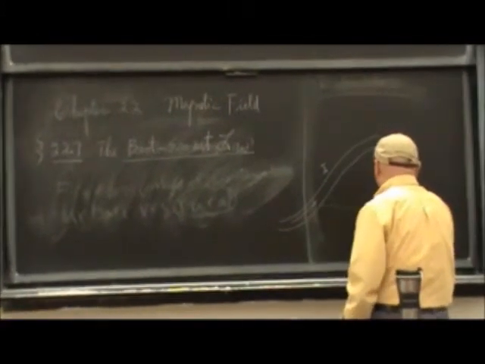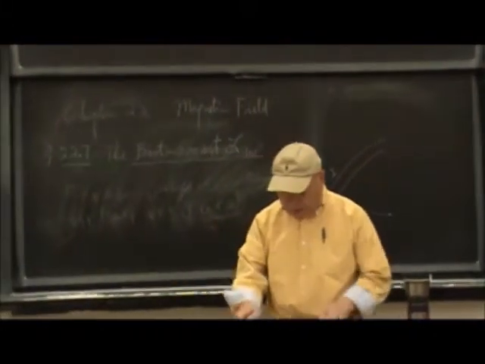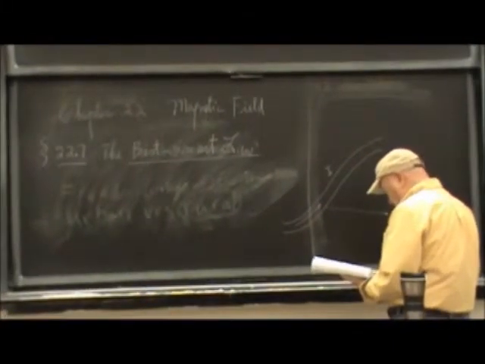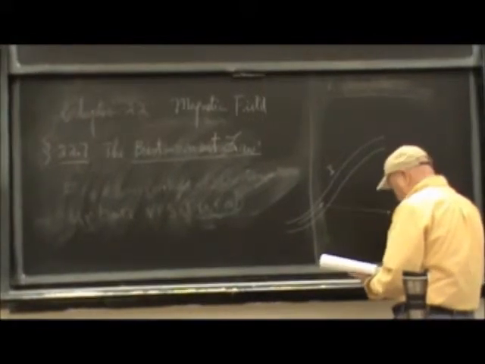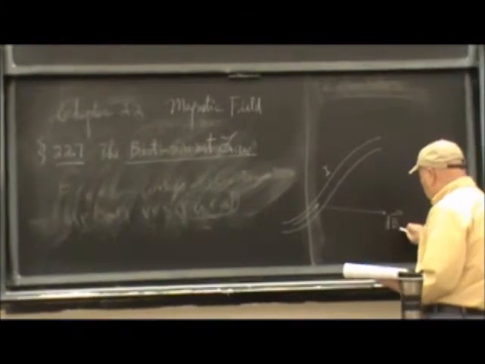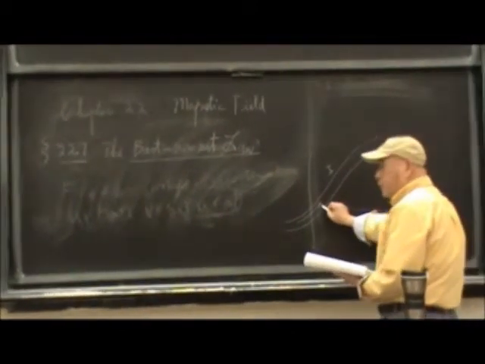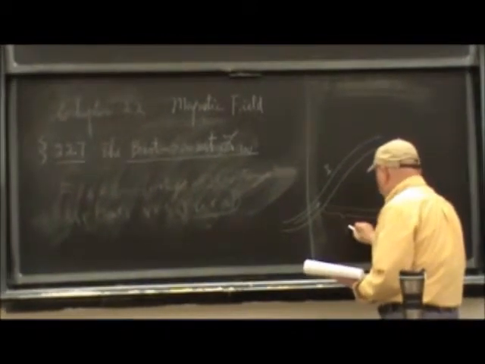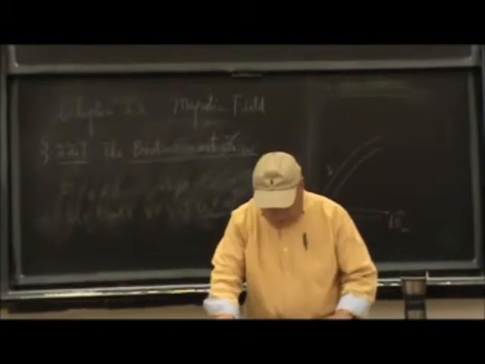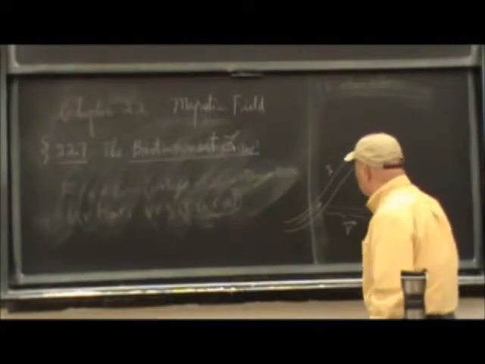This magnetic field is related with the current. The current goes into the board, say, and the distance here is R, let's say. So the current is creating some magnetic field outside of the wire.